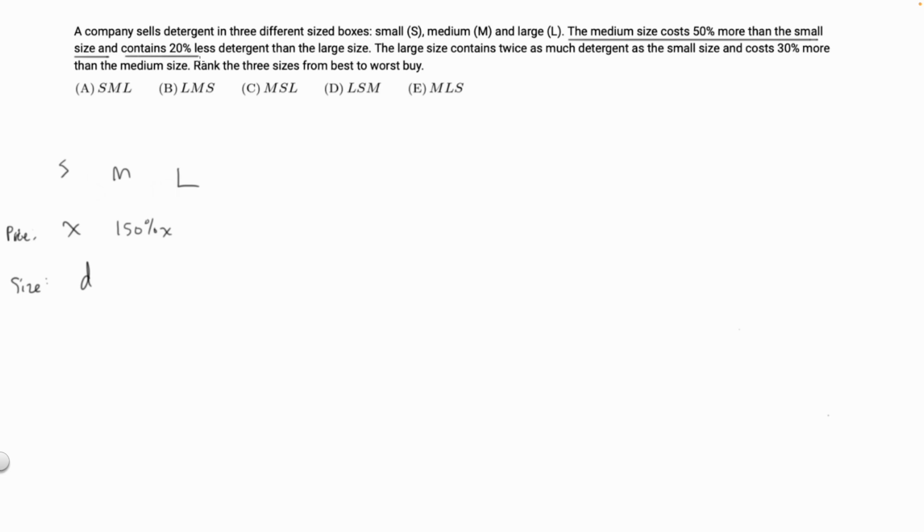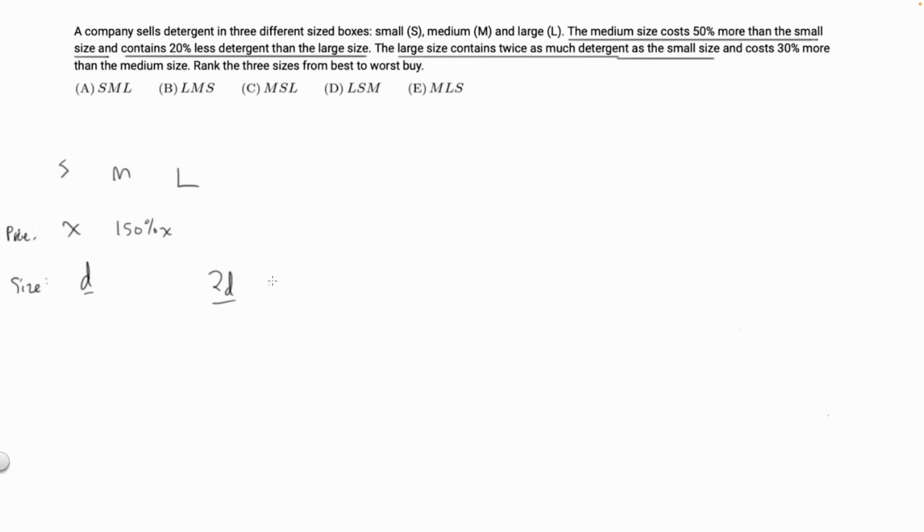And it says it contains 20% less detergent than the large size. We don't know that yet, so we'll put it as blank for now. And then for the large size, it says the large size contains twice as much detergent as the small size. And we said that D was how much the small size contained, so it's going to be 2D.